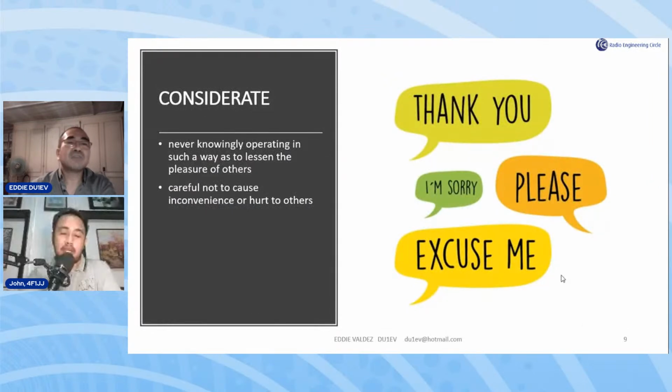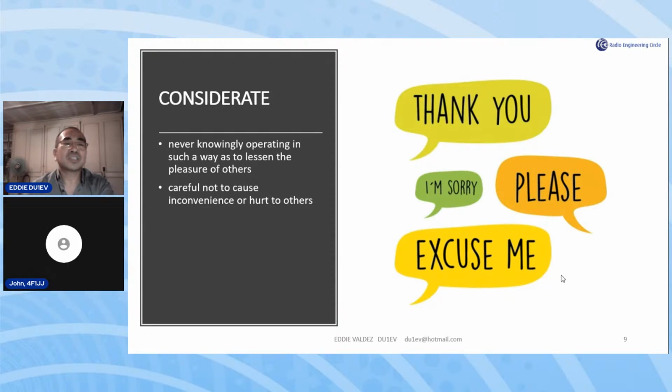So, consider it. Never knowingly operating in such a way as to lessen the pleasure of others. Careful not to cause inconvenience or hurt to others. Right? If you listen on the air, I'm sure you hear some people who make a lot of noise, who press their microphones at inappropriate times, etc. So please be considerate.